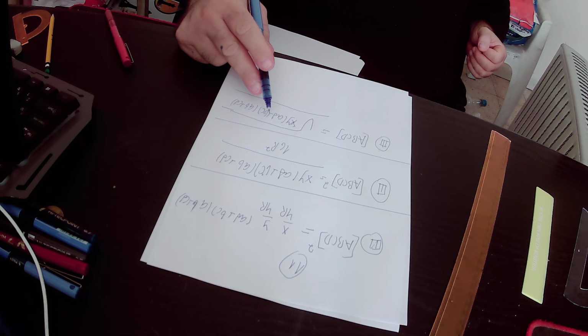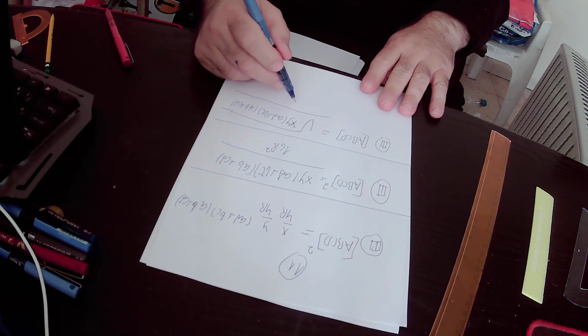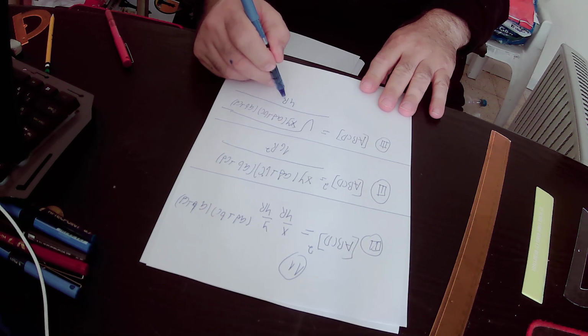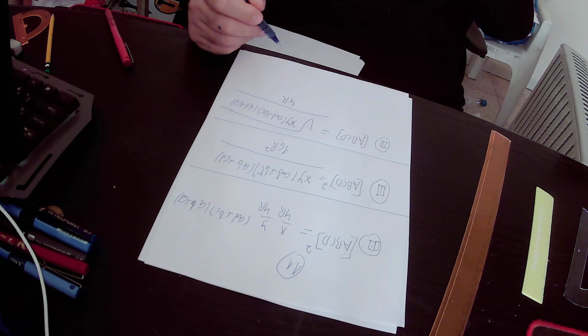The root of 16 is 4, and the root of r squared is r, so the root of 16r squared is 4r.